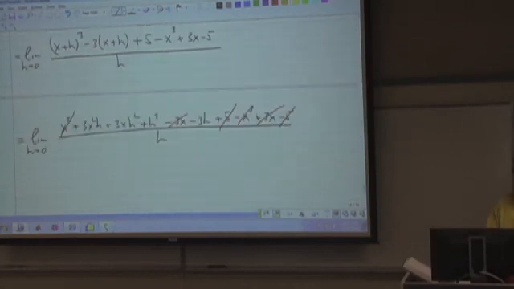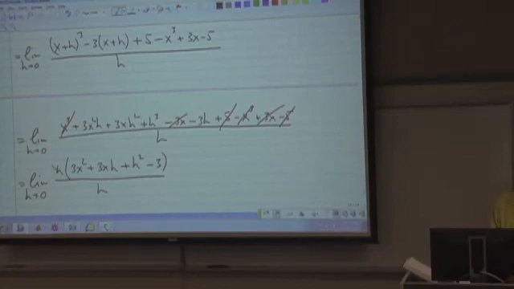Notice that every single term we're left with has an h in it. And so this is the limit as h goes to 0 of h times the quantity 3x squared plus 3xh plus h squared minus 3, all divided by h. The h is crossed out, put 0 in for h, and we end up with 3x squared minus 3.